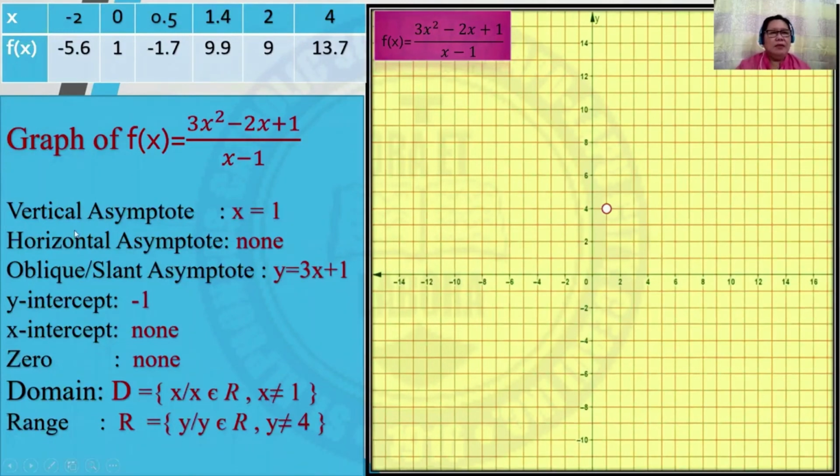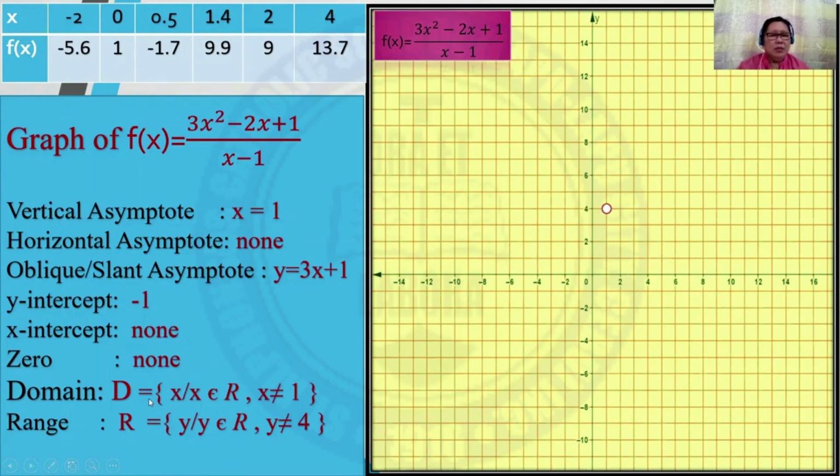The summary of the results: the vertical asymptote is x equals 1, horizontal asymptote none. But there is an oblique or slant asymptote which is y equals 3x plus 1. Then the y-intercept is negative 1, the x-intercept is none.